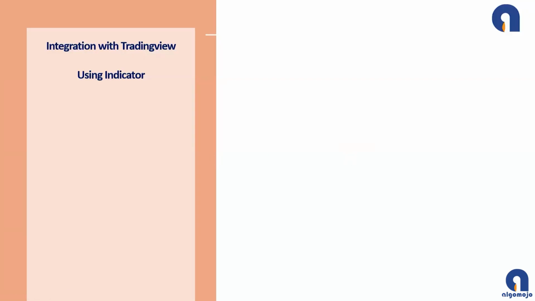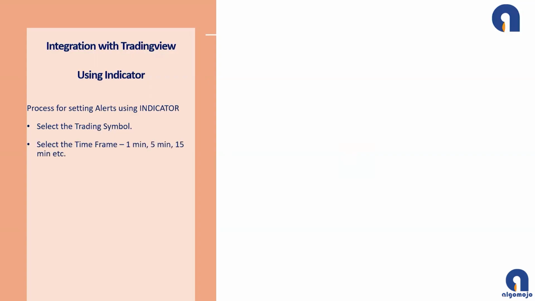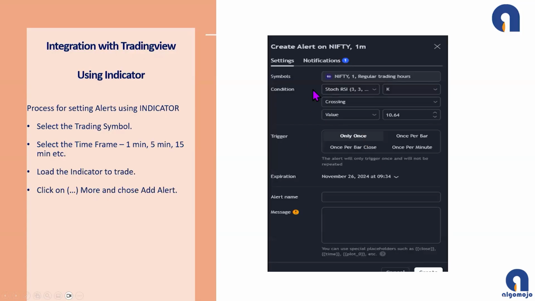So indicator, it's a two-step process. You have to create two alerts, one for entry and the other one for exit. Similarly, select the trading symbol first, select the time frame and load the indicator and then create the alert. In the alert, you have to update the condition and the trigger, where the conditions could vary depending on your study.